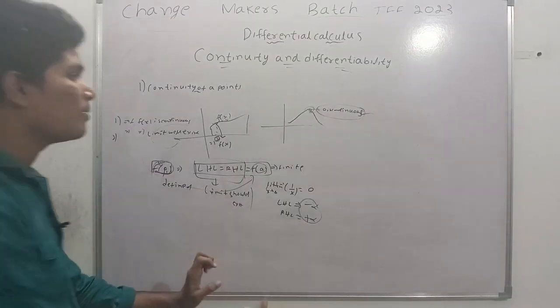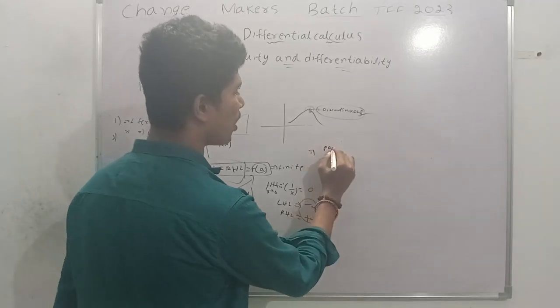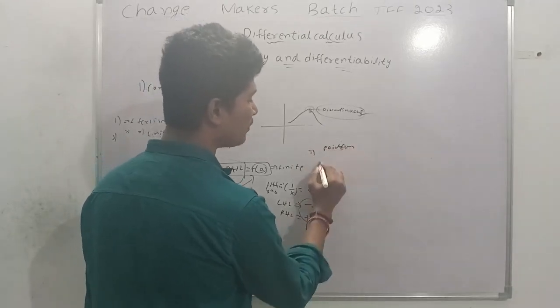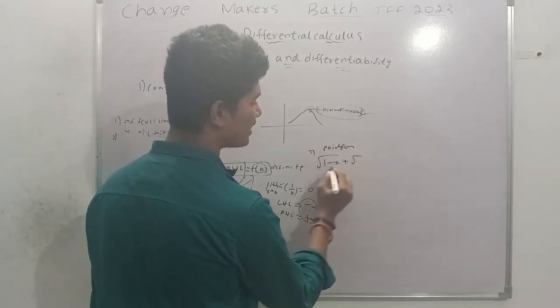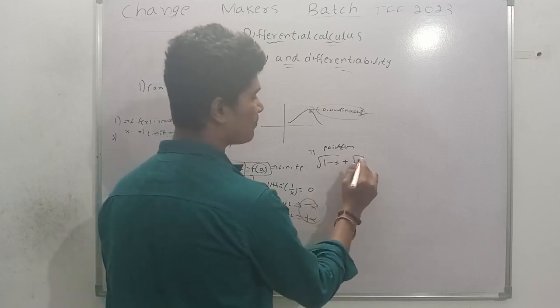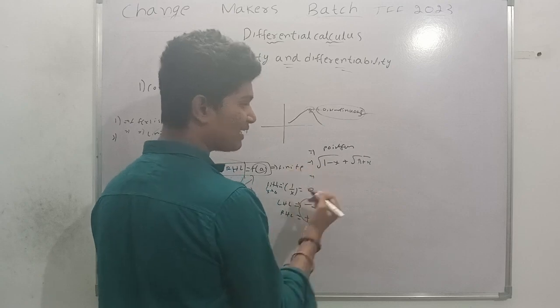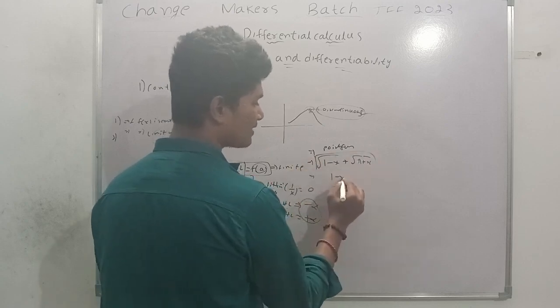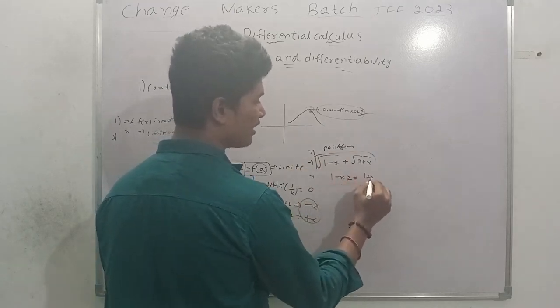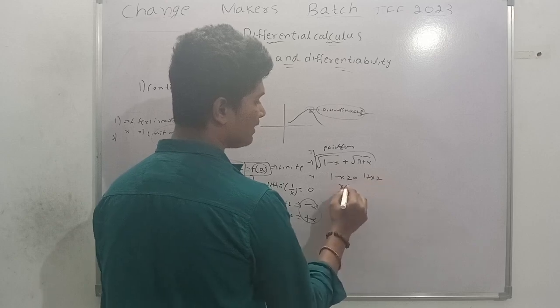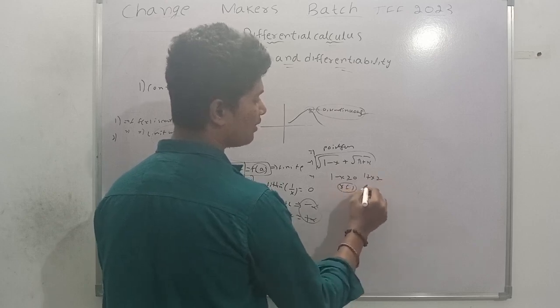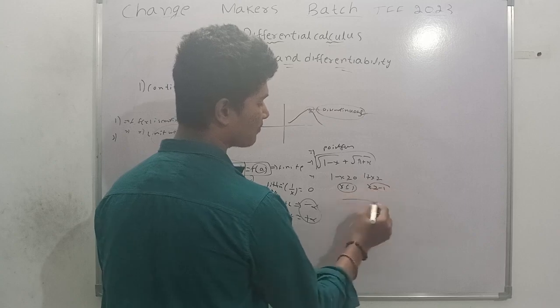And next, there is an important thing, that is point functions. If we take the example of the square root of 1 minus x and the square root of 1 plus x, it is very clear that 1 minus x is greater than or equal to 0, and 1 plus x is greater than or equal to 0. So x is less than or equal to 1, and x is greater than or equal to minus 1.